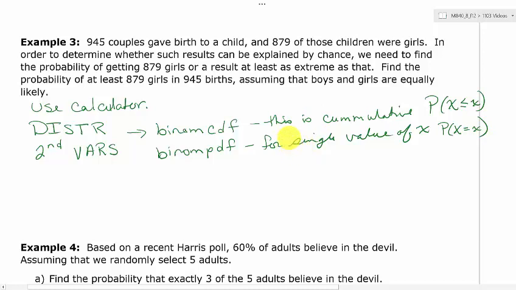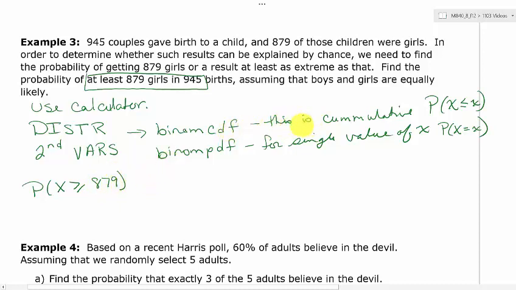So because it's always less than or equal to, you sometimes need to change the way that you write out your probabilities. In this example, we want at least 879 girls in 945 births. So what we want to calculate is the probability that x is at least 879, so it can be equal to, but it could also be bigger than 879. So greater than or equal to 879.